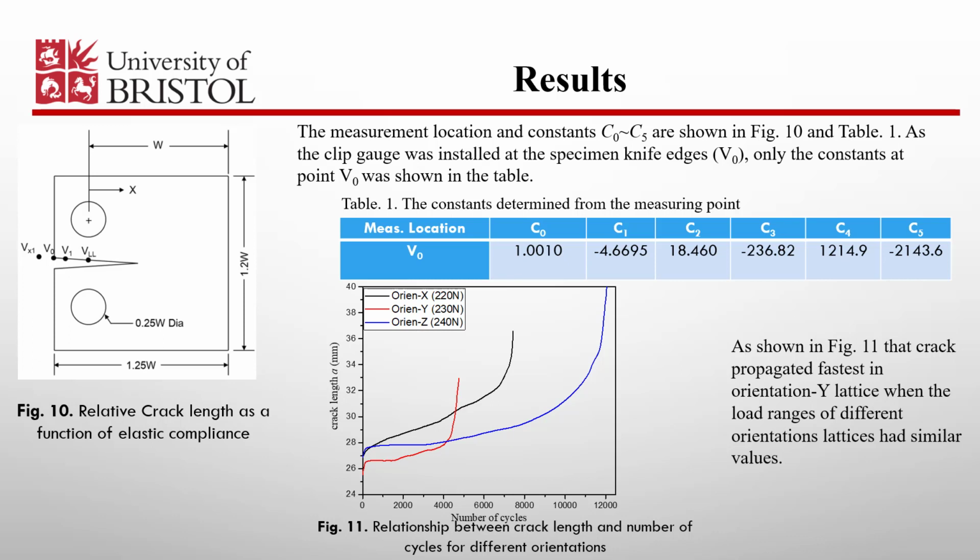The relationship between the crack length and the number of cycles for different orientation lattices is shown in Figure 11. As shown in this figure, the crack propagated fastest in orientation Y lattice when the load ranges of different orientation lattices have similar values.